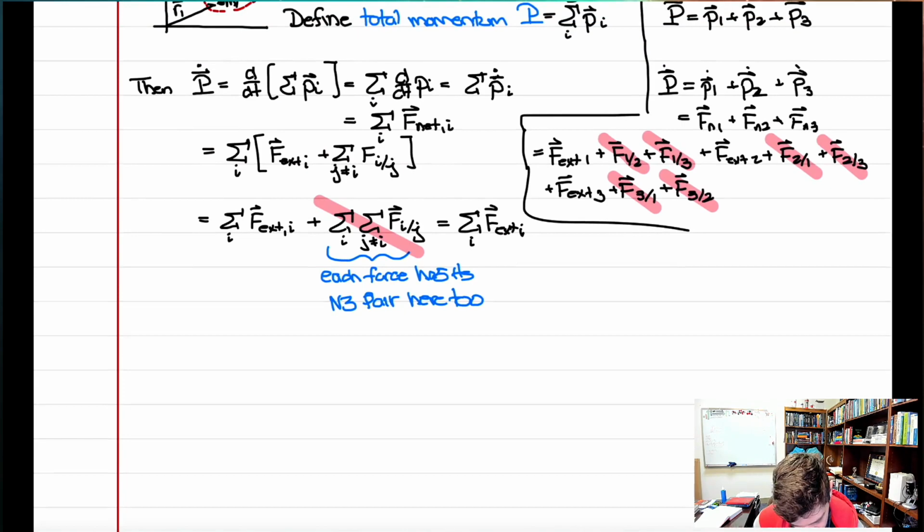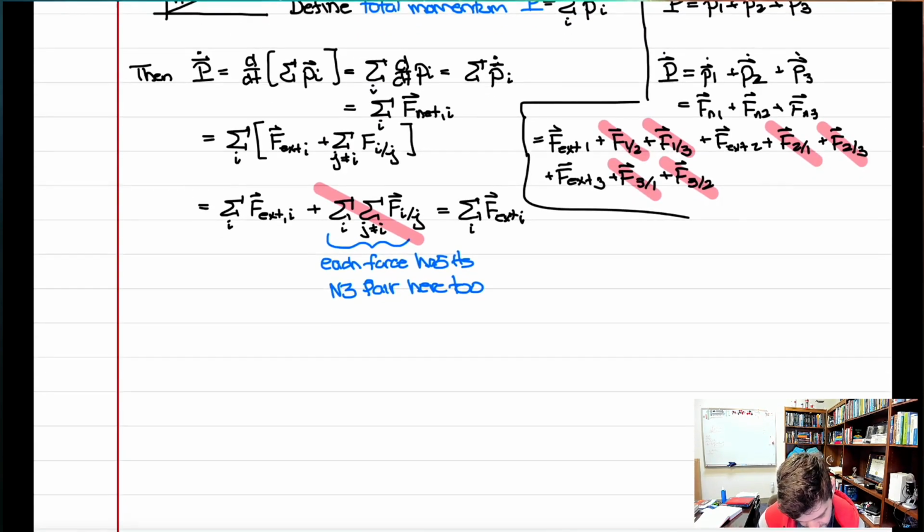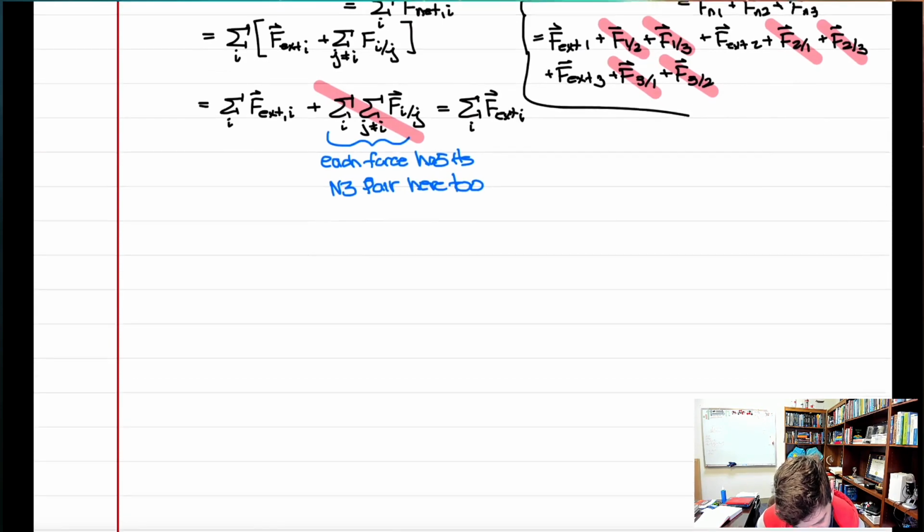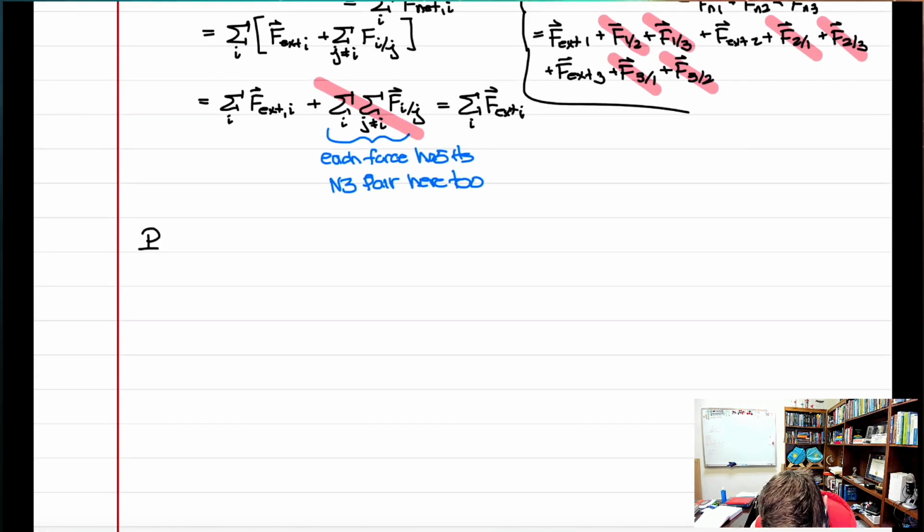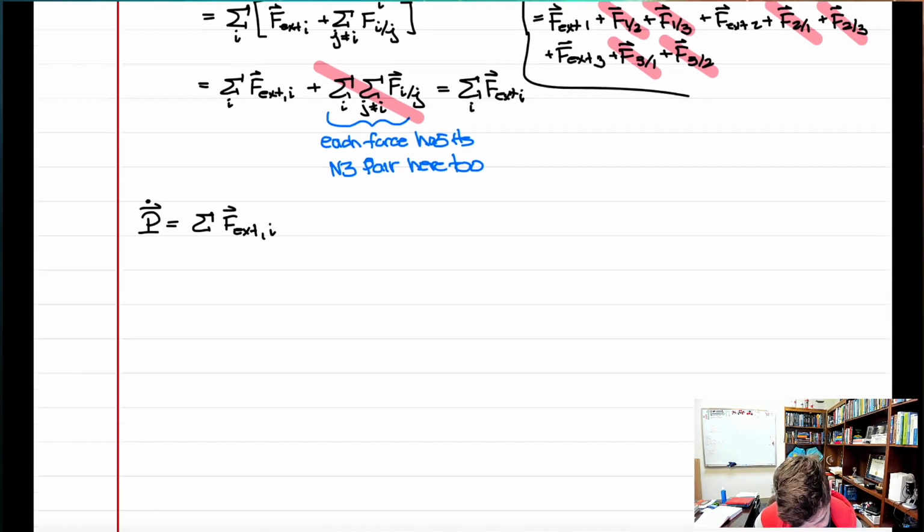And since we have likely forgotten where we started, let me just recopy. I started by writing down the change in the total momentum of the system. And I ultimately wrote down that it's equal to the sum of all the external forces acting on the particles. That is worthy of a box and a highlight.